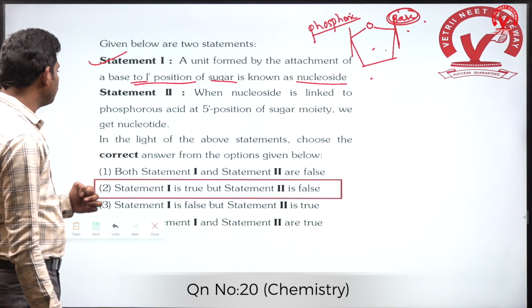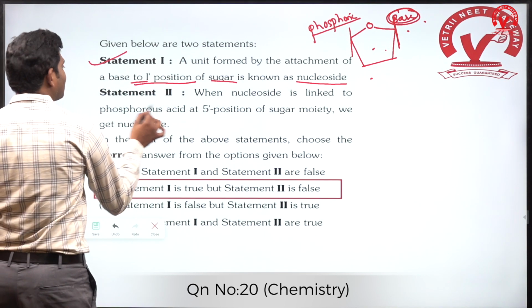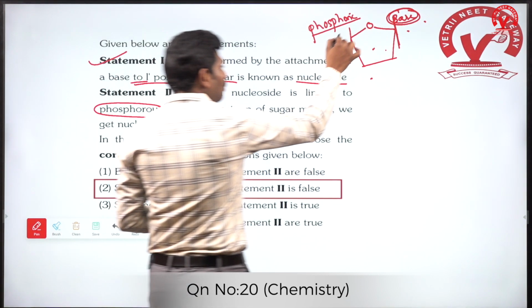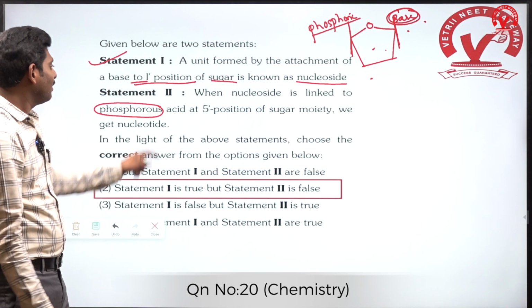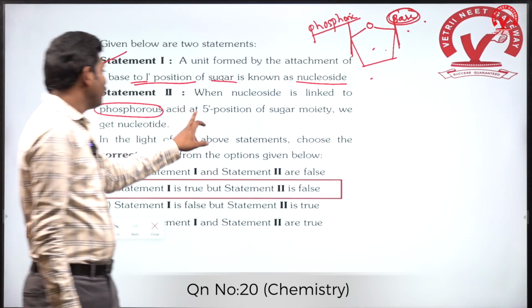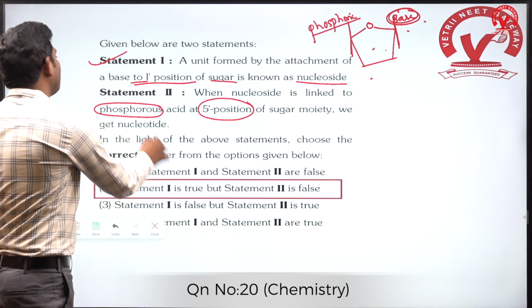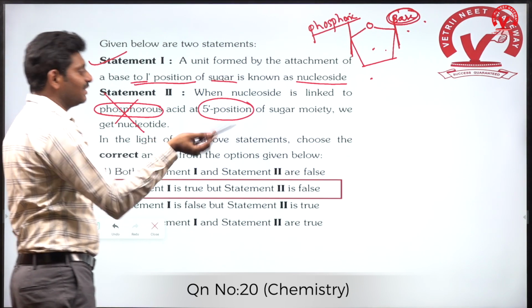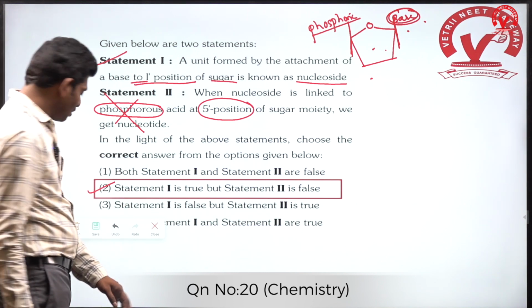Coming to statement 2: when a nucleoside is linked to phosphoric acid at the fifth position, it is a nucleotide, but here it is given as phosphorus acid, so it is wrong. So statement 1 is true and statement 2 is false.